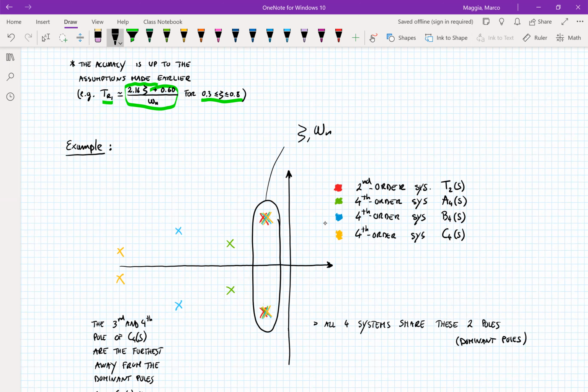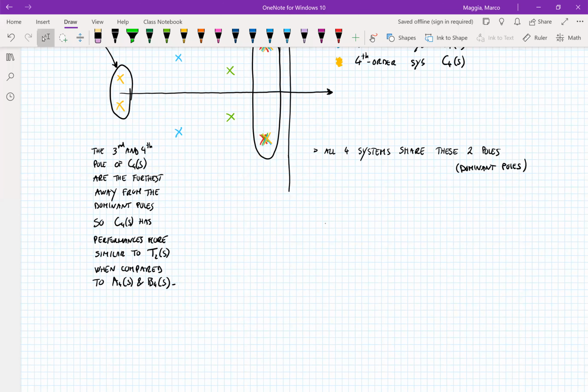But the 4th order system that has the poles more to the left will behave more like the original second order system, because the effect associated with the other 2 poles will die down sooner, because once again, the response will be associated with e to the power of the real part of the poles times t. So if the real part is more negative, then the contribution will die down sooner.